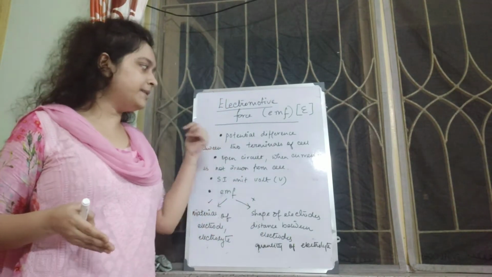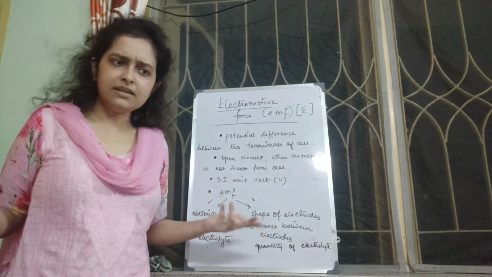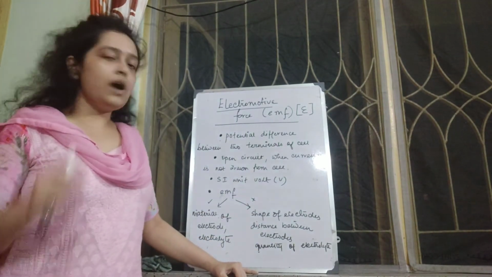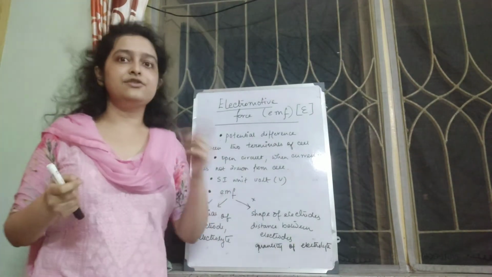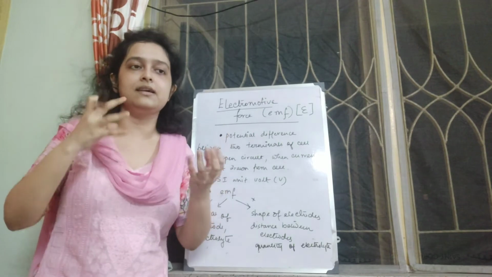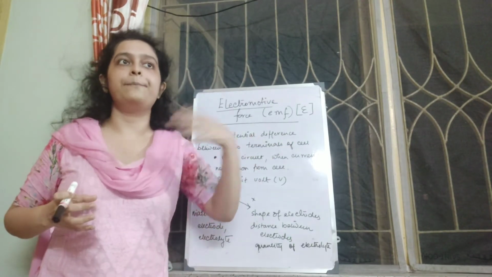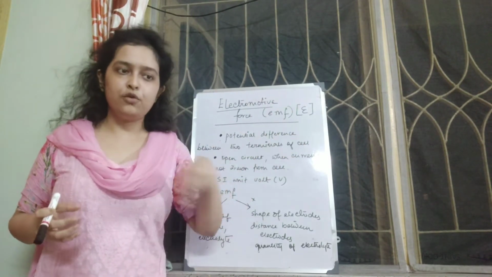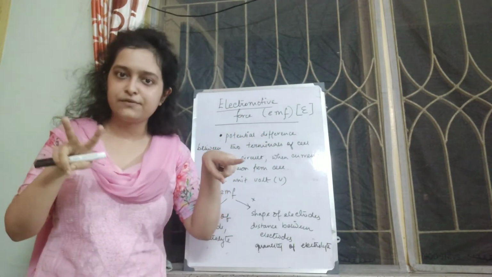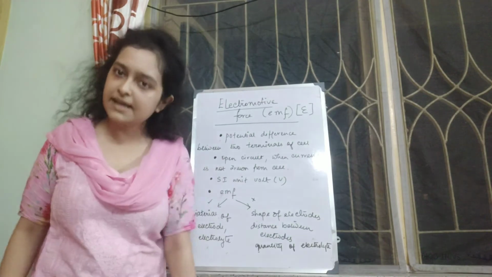If this would not have been established, then there would have been no driving cause for the current to flow. I have used the term driving force previously, but I just wanted to explain that it's the factor which will compel the flow of current, because it is the potential difference between the two terminals of the cell.